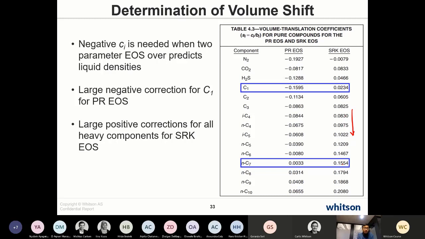But when the Peng-Robinson equation of state model came, their main aim was to get heavy oil densities right, which had a lot of heavier fractions. And that's why you see that this correction term, the volume translation, to get the right density for each component, is smaller for the heavier fractions for Peng-Robinson, and smaller for the lighter fractions in the SRK equation of state model.